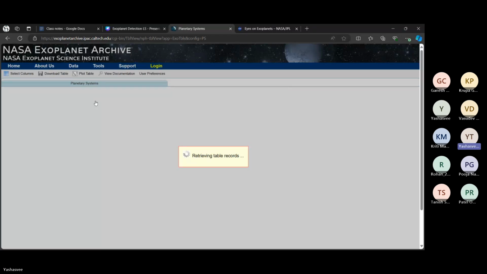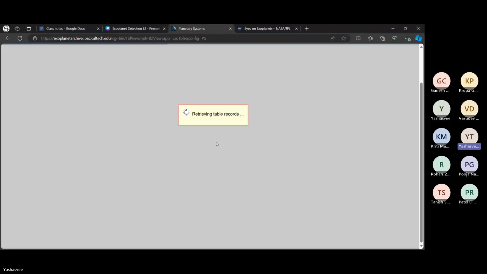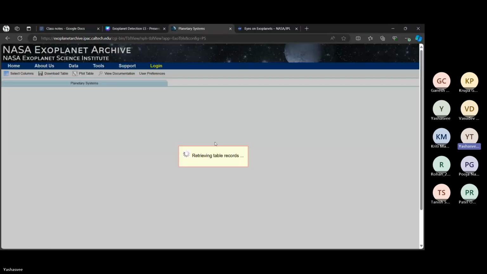Over here, there is a lot of information about all the exoplanets which have been discovered, along with their name, their star, and the type. It's a really good way to stay updated on the exoplanets and their discovery.